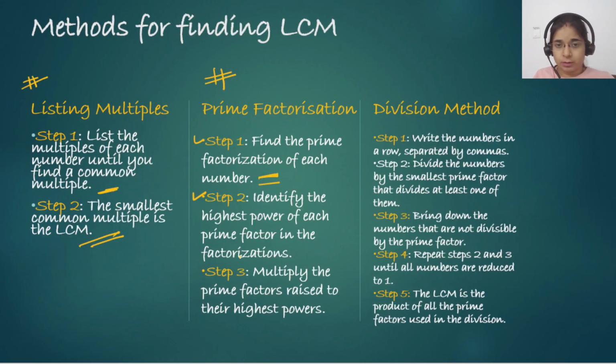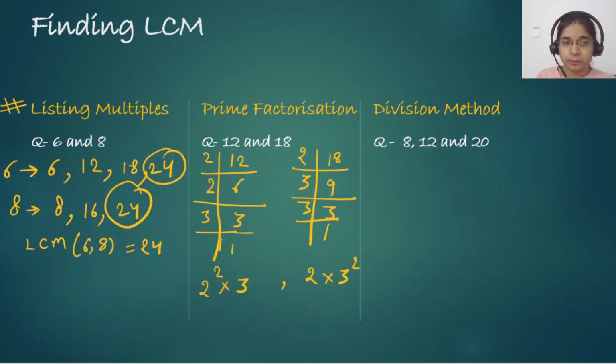Now what is given in the method? We have to identify the highest power of each prime factor in the prime factorization. We have only two prime factors here, 2 and 3. The highest power of 2 is 2, in the factorization of 12, and the highest power of 3 is also 2, in the factorization of 18.